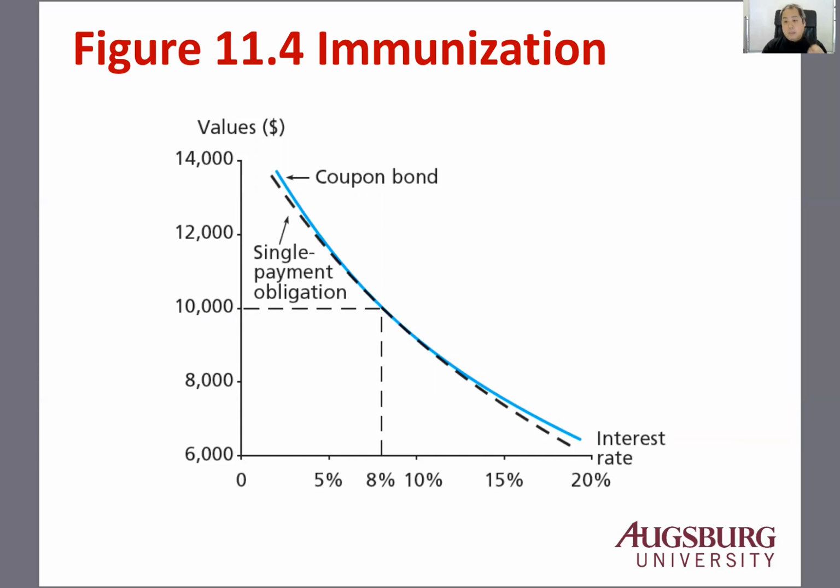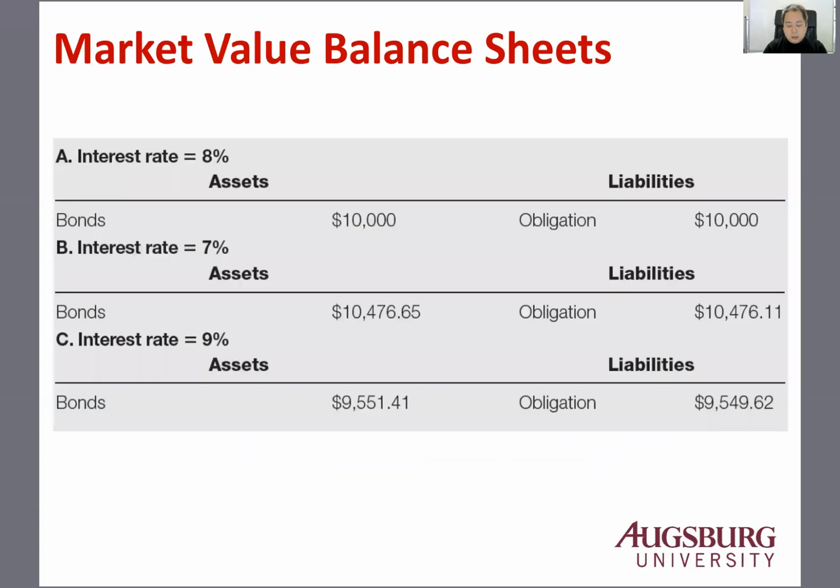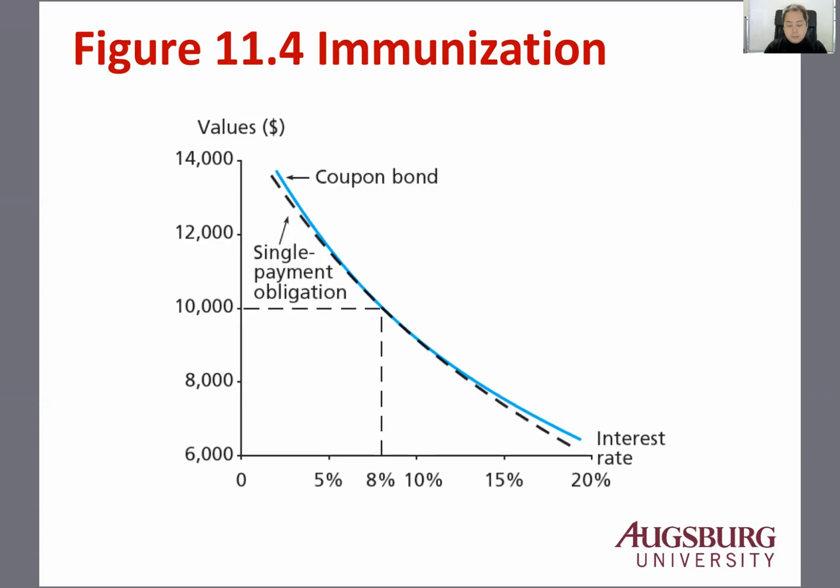The zero coupon bond value itself is kind of flatter, and for the coupon bond whose duration is the same, so it's not basically the same maturity, the duration is the same, then your coupon bond value is always higher. So in any case you can get covered. Doesn't matter whether the interest rate increases or decreases, right? So your coupon bond value is always higher, meaning that you can get covered.